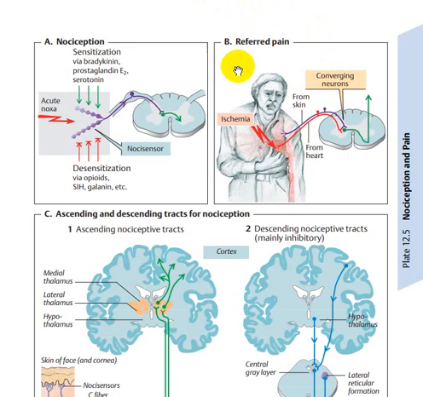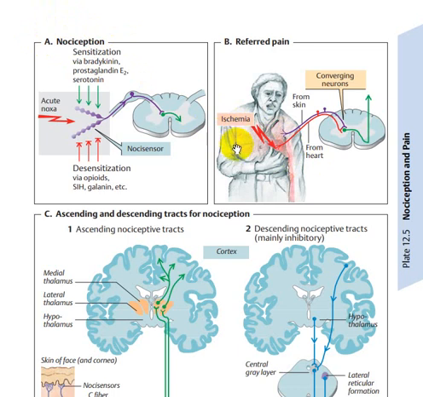The referred pain occurs because the sensory impulses which are carrying nociception, in this case of heart ischemia, are not the somatic sensory neurons, but the autonomic sensory neurons which take impulses from the heart ischemia, because the heart is a visceral structure.